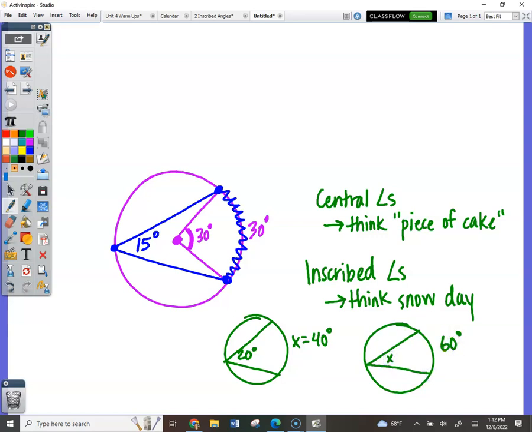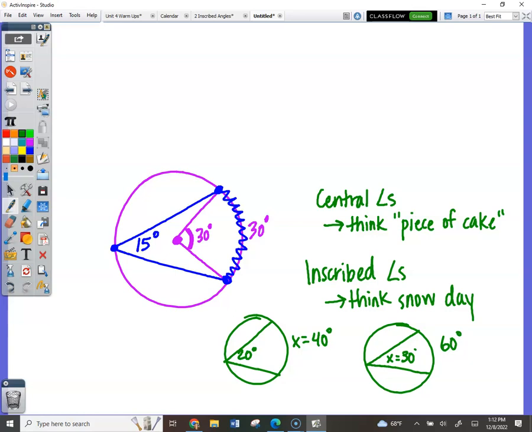I'm making this up. Well, you would go to what you know. I'm on the outside, and I'm coming inside. If I've been out in the snow playing and I come inside, I take my jacket off. I half my layers. So half that would be 30. So that's what I mean by think snow day.